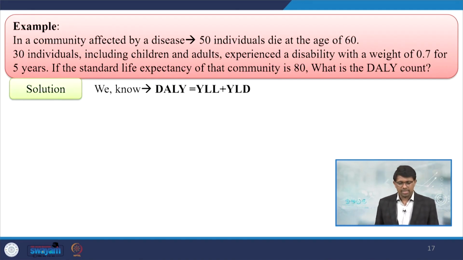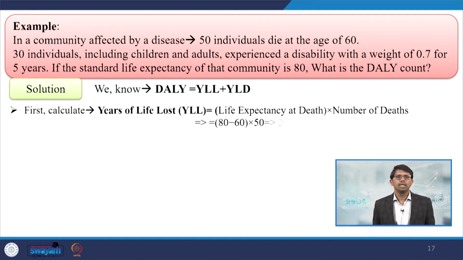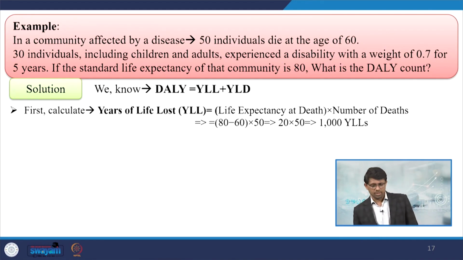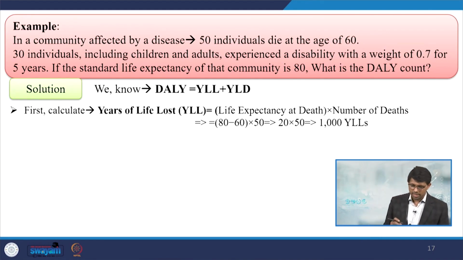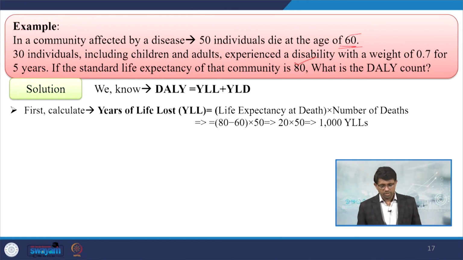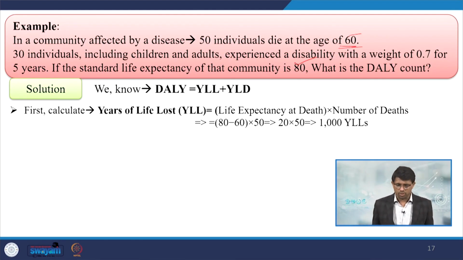In that case we are supposed to simply add YLL and YLD. Years of life lost is the maximum full life, the standard life expectancy of 80, minus 60, the age at which they died. The difference is multiplied by the number of deaths, 50 individuals.